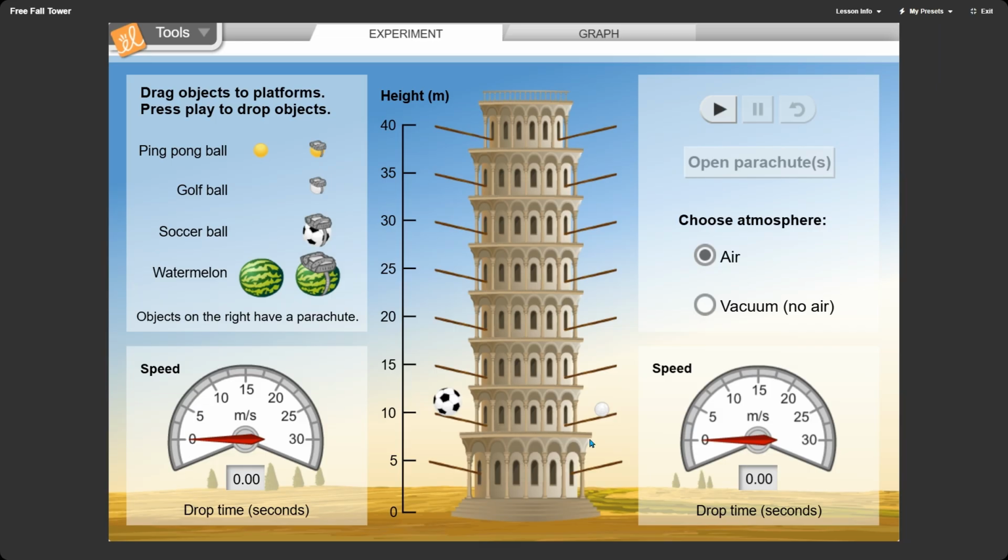Drop them at the same position and go up, and then look at your graph to see which one gets slowed more by the air resistance. Do you think it'll be the soccer ball or the golf ball? Again, run it at the 5, the 20, the 25. Run them at all the heights, and then check to see which one has more air resistance. You can do that by clicking on the graph.